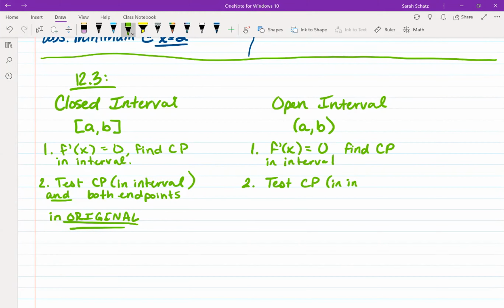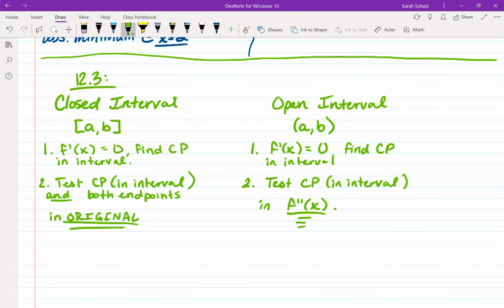Remember, we never test endpoints in an open interval because they're not actually part of your interval. And where do we test them? In the second derivative, because we use the second derivative test. Now, again, if you are a lover of number lines and you really like to do that number line test that we did in 12.1, you can test them that way too if you want. I just don't assume that anybody likes that better because the second derivative test is a lot faster.